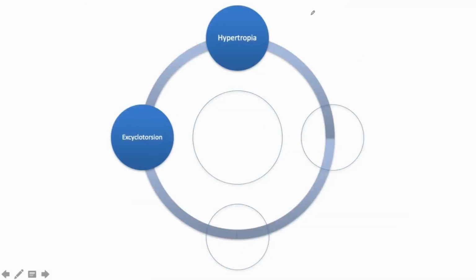So what happens in a trochlear nerve palsy patient? When you see a patient, the patient will complain of diplopia, and the two kinds of diplopia seen in 4th nerve palsy are, one, vertical diplopia. Why does vertical diplopia occur? Because of failure of depression. And also torsional diplopia. Why does it occur?